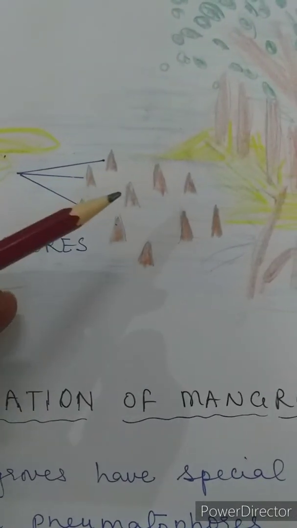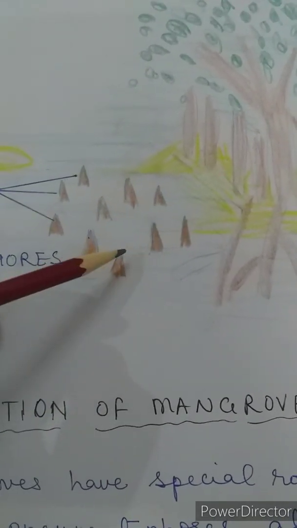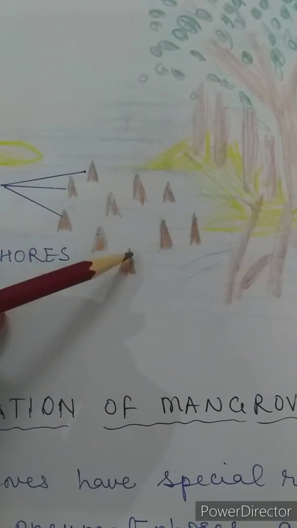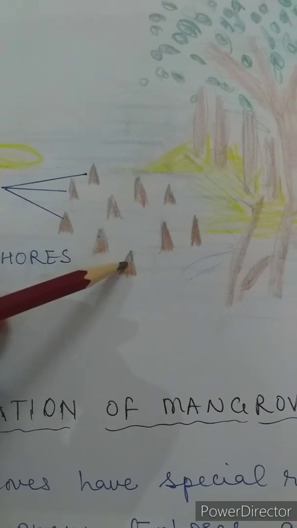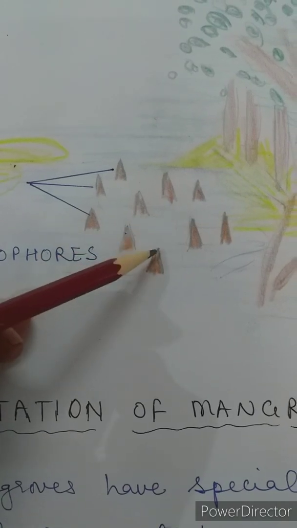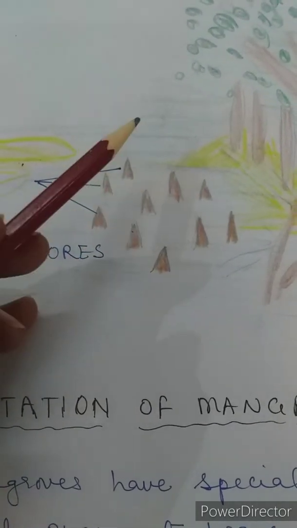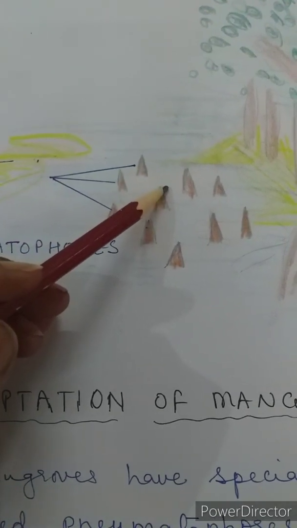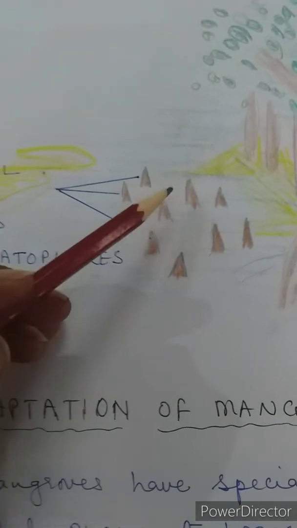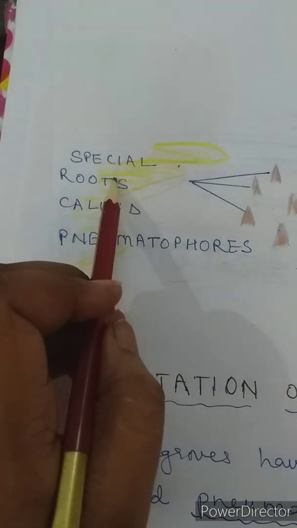That is why, children, the roots of these mangrove trees develop a part which grows directly upwards. They shoot up from the soil to absorb as much oxygen as possible, and these are called special roots.